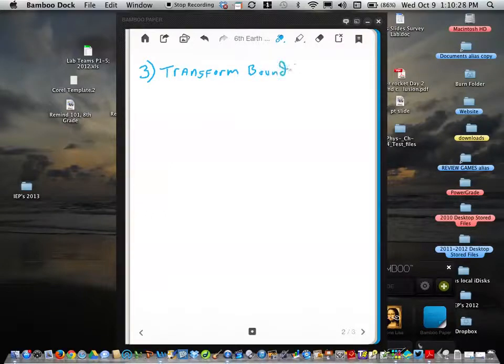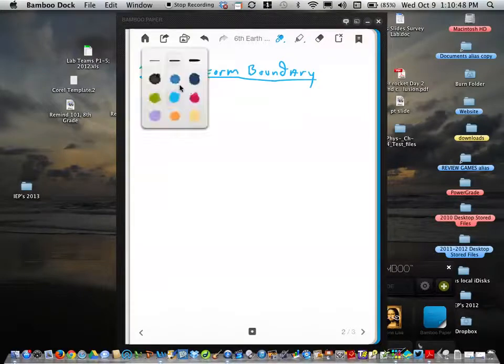The transform boundary is probably one of the most common that we see around here. Actually, our boundary around here is a combination of convergent and transform. Transform boundaries are side-by-side movement.